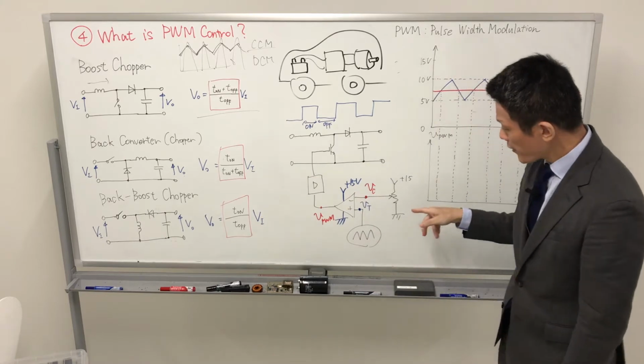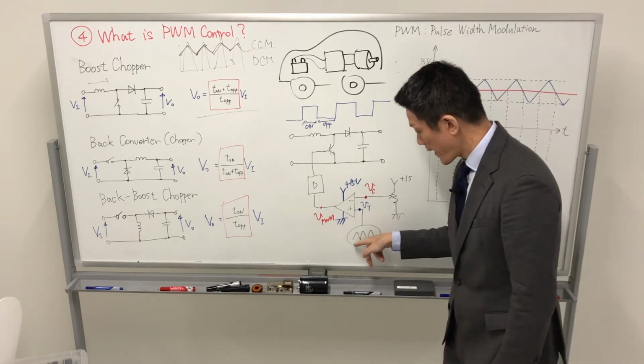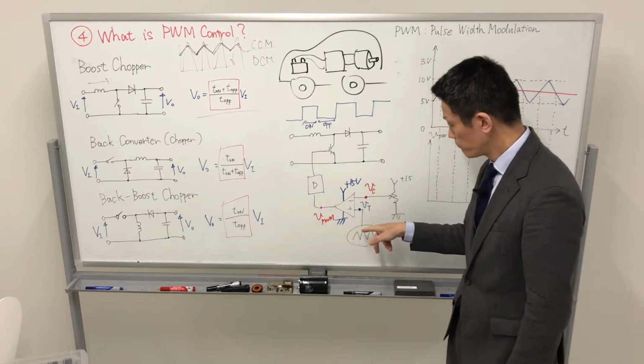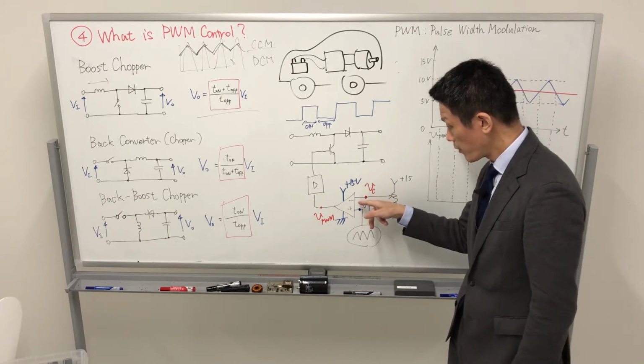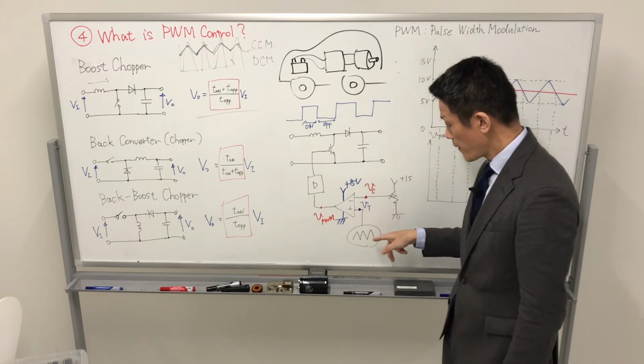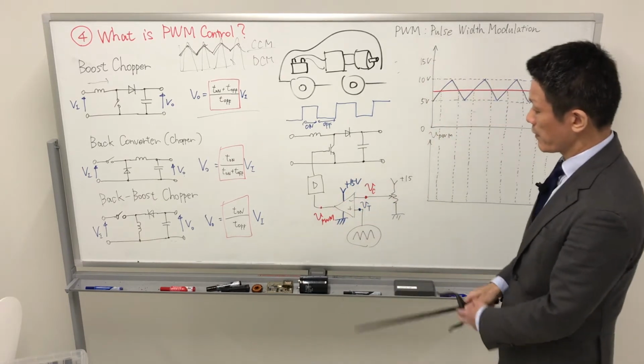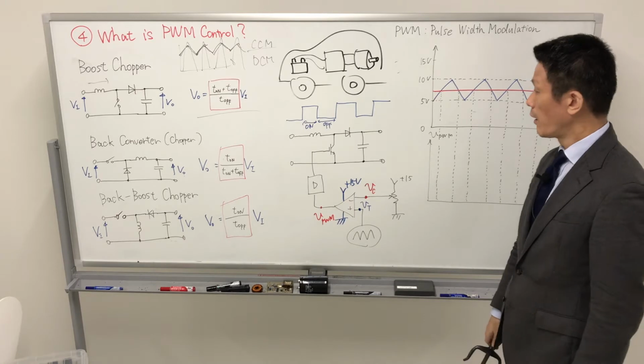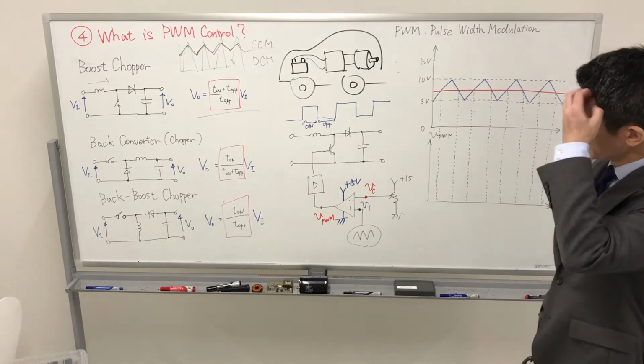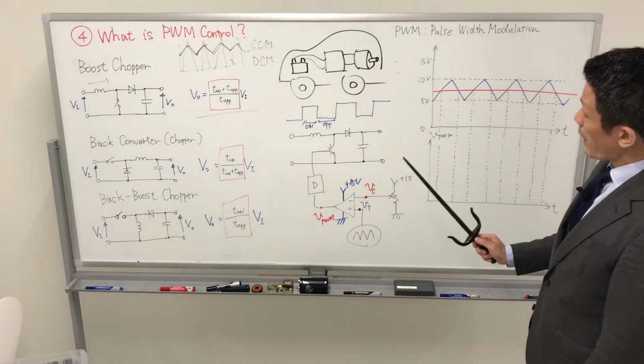So we will use a triangle waveform and compare it, and we can obtain this PWM waveform.